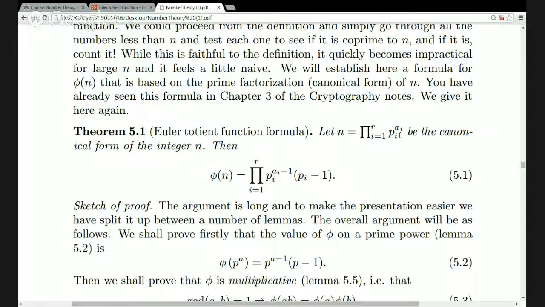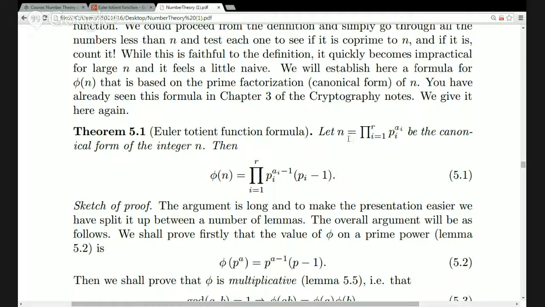So every integer n can be written uniquely as a product of different prime powers, and conventionally we number the prime powers p1, p2, etc. So that p1 is the smallest prime present, p2 is the next smallest, and so on. Although the fact that they're ordered in terms of size isn't relevant for this result.